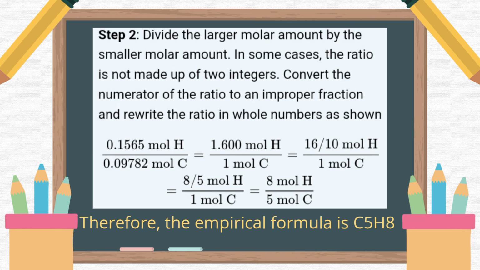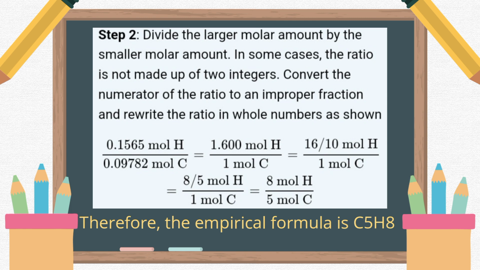So diri nga part is medyo hassle siya because as you convert it to an improper fraction man, you need to figure out the greatest common factor niya. So, to convert 1.600 to fraction, ang decimal point, i-divide by 1, and then we need to multiply both the numerator and denominator by 10 para wala na decimal point.